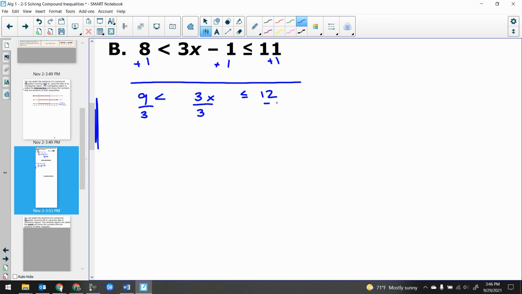Whatever I do to one piece, I got to do to the other. So 3 less than x less than or equal to 4. Okay, there's my and inequality. Again, you guys label your number line. I'm just going to do this real quick. All right. Open circle at 3 because there's no or equal to there. Closed circle at 4 because there are equal to's there. And now I put it in between them.